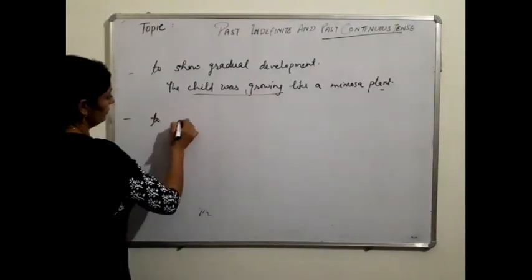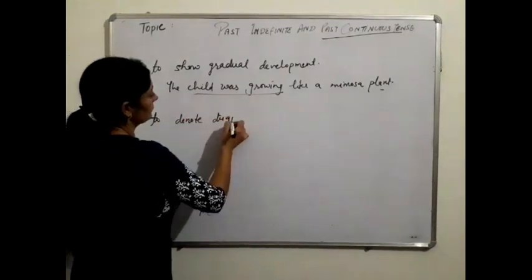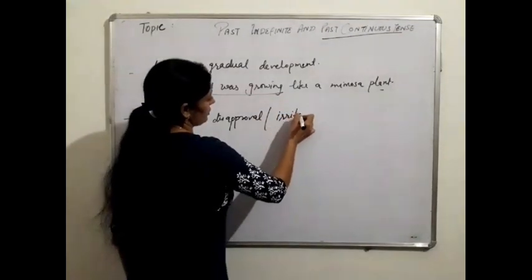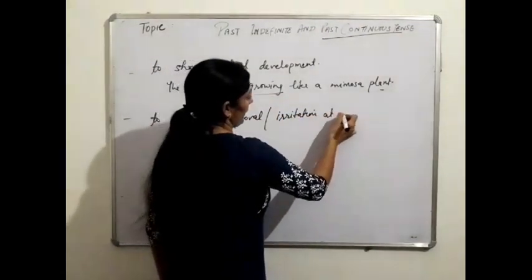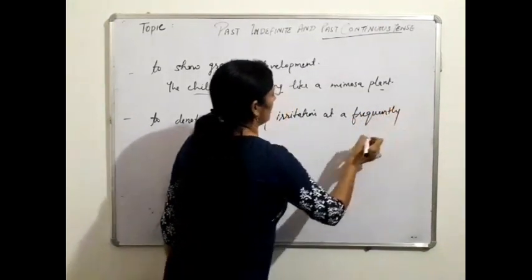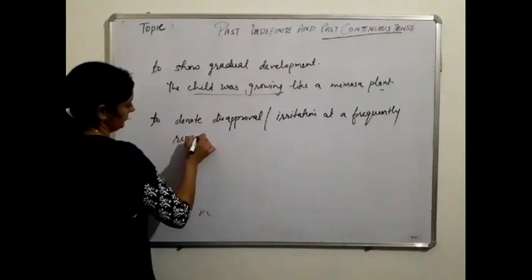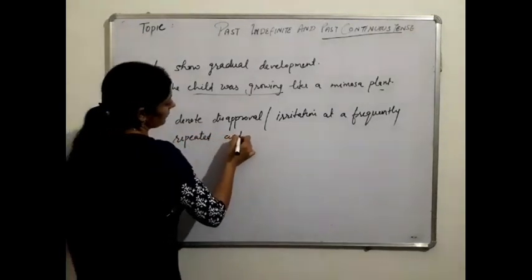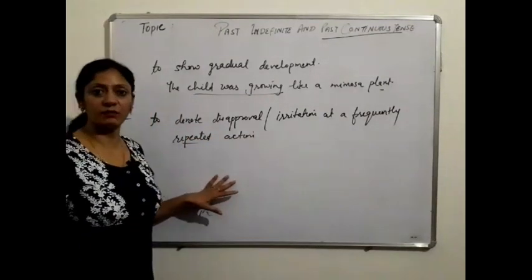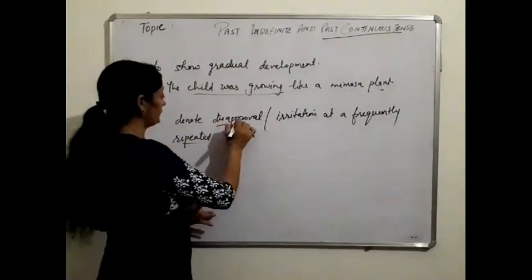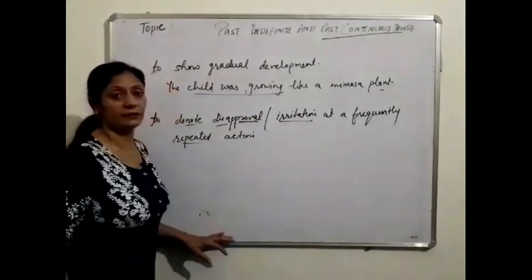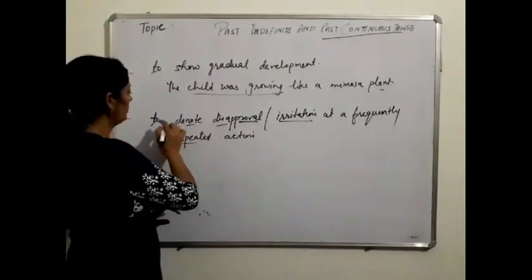to denote irritation at a frequently repeated action. For repeated actions we use present indefinite, but here we are saying that for those actions which are disapproved or which irritate us, we use past continuous.